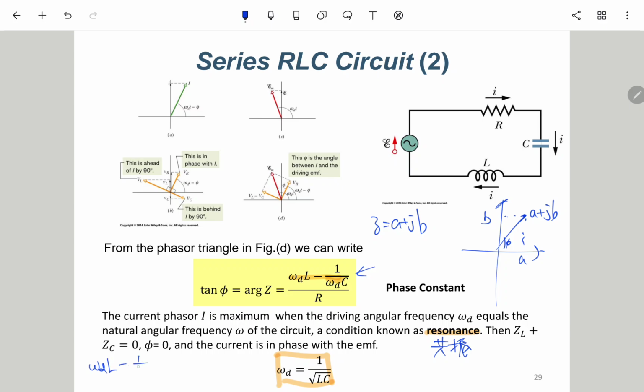Okay, so the condition is omega d L minus 1 over omega d C equals 0. By solving it, we can easily find that omega d equals 1 over square root of LC.